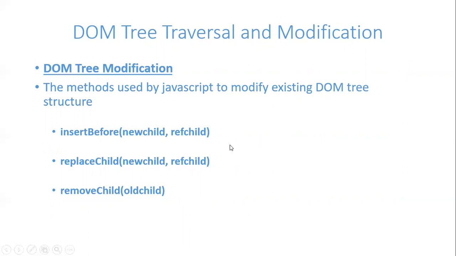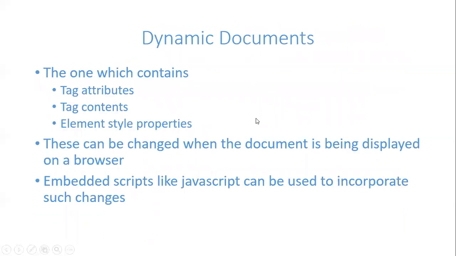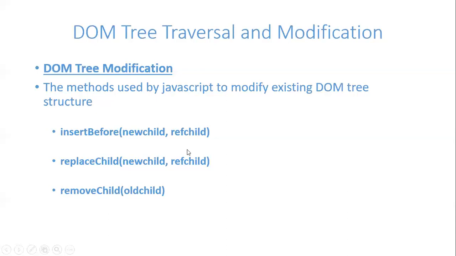We have seen how to traverse a tree. How do we modify a particular tree? We have three methods for this. In the previous case, we had attributes to be used with the element object. Here, we have methods which can be used with the element object. Element dot insert before, new child, reference child: a new child will be inserted before the reference child.